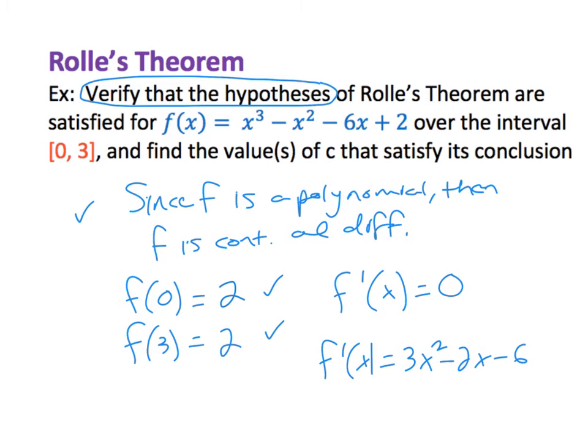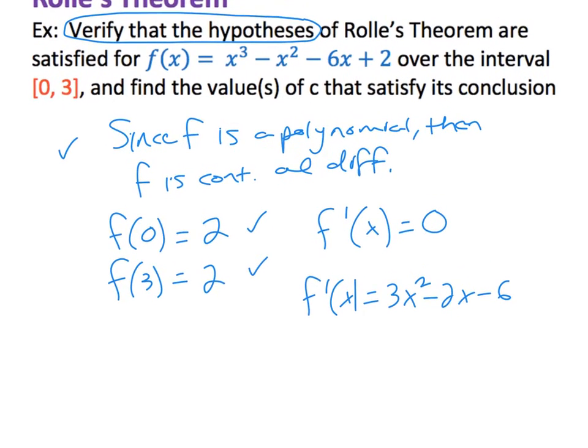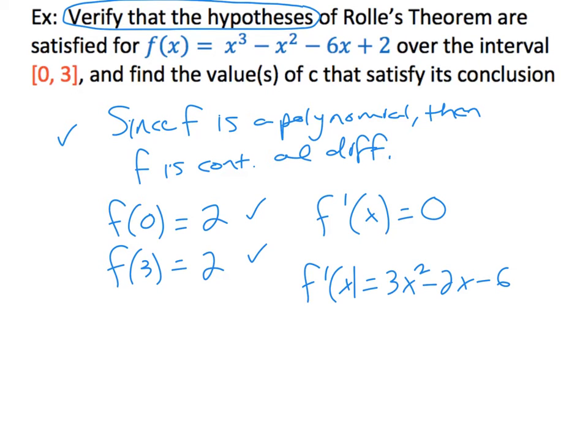For this one, I don't believe it's actually factorable, so we can use the good old quadratic formula. But in all honesty, if you showed that you set this derivative equal to 0, you can use your calculator and do second trace, zero, to find the 2 values. Just make sure you remember 3 decimal places.